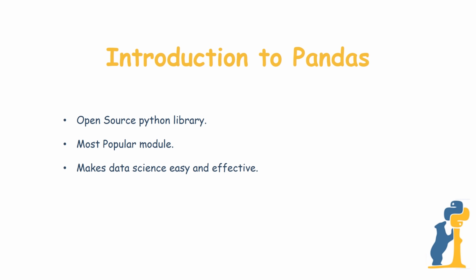Introduction to pandas. Pandas is an open source Python library. We can download and easily install it from the web. It is the most popular module among the Python modules. It makes data science easy and effective.